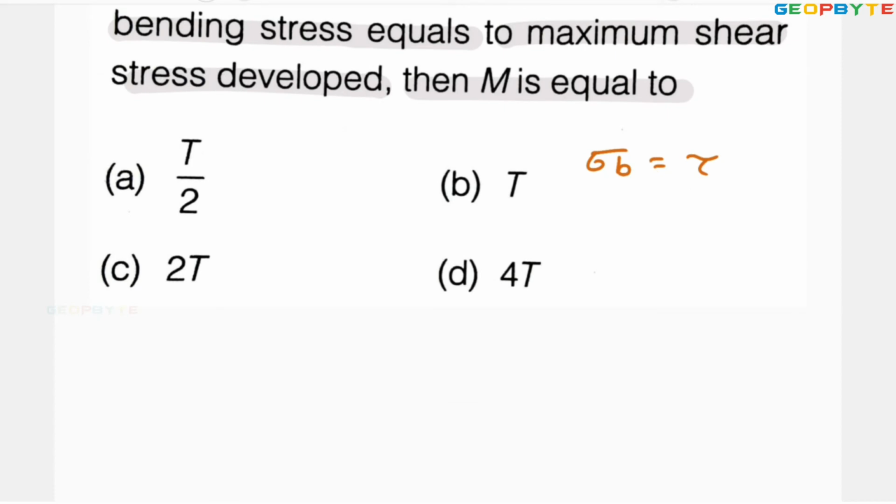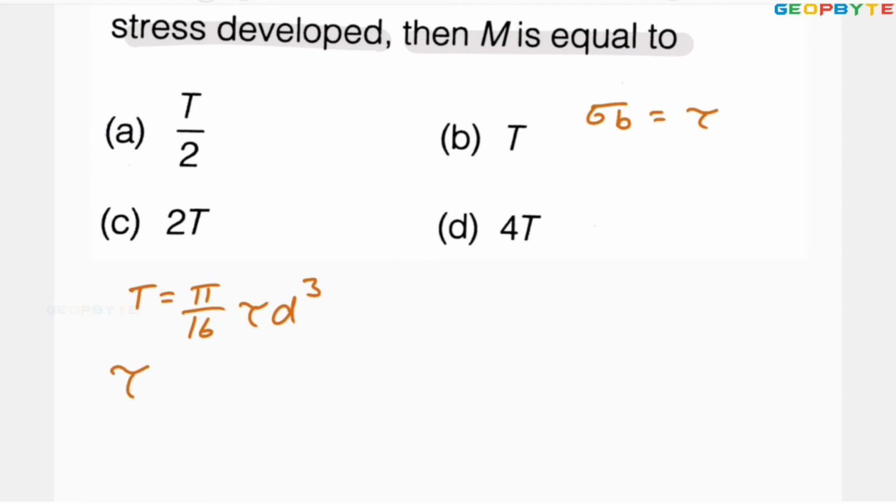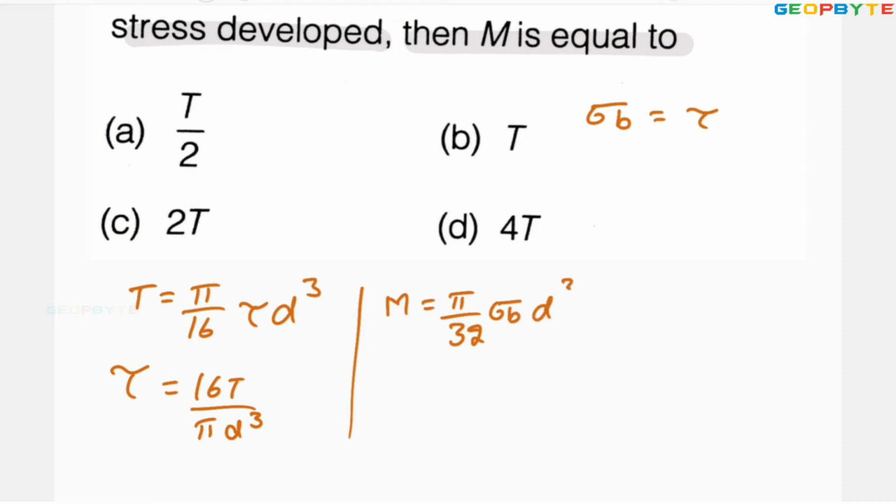As we know, the torque T equals pi by 16 into tau into d cube. From this, the shear stress tau equals 16T by pi d cube. Similarly, the bending moment M equals pi by 32 into sigma b, the bending stress, into d cube.